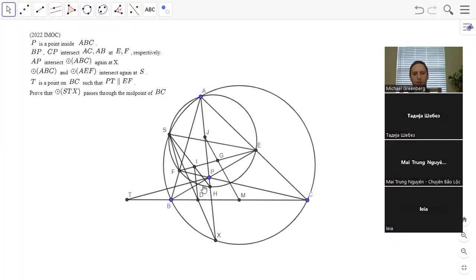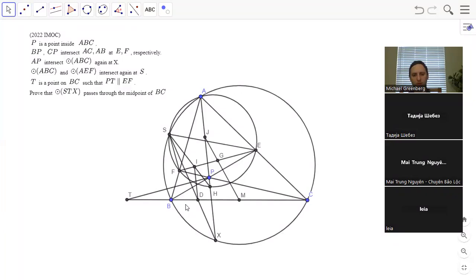We would want to show that sine of BPD over sine of CPD is equal to PE over PF. So it would all come down to length calculation, since you can calculate sine of BPD over sine of CPD. How, let's think, how would we calculate that?